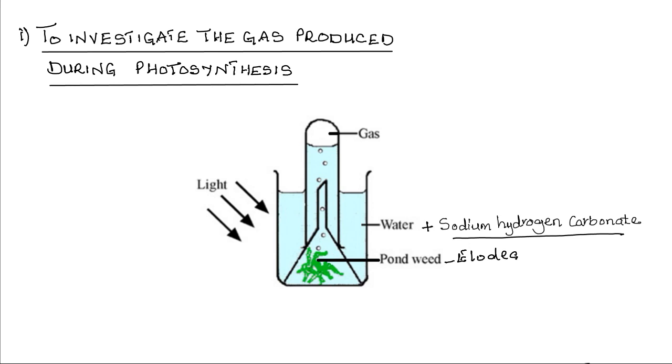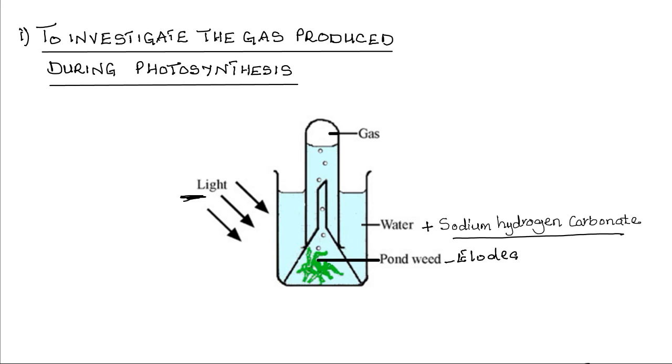So the addition of sodium hydrogen carbonate boosts the amount of carbon dioxide in the water so as to promote the process of photosynthesis. Now we also make sure that there is adequate light, because light, just like carbon dioxide, is a factor that is required in order for photosynthesis to take place.